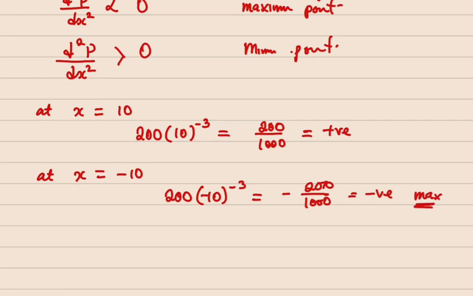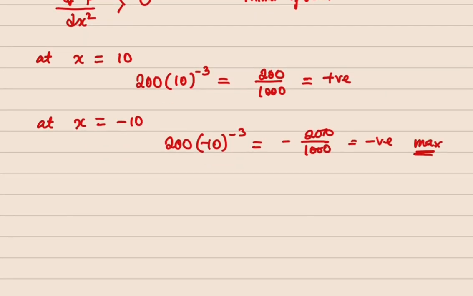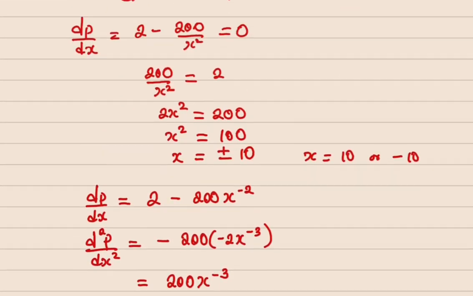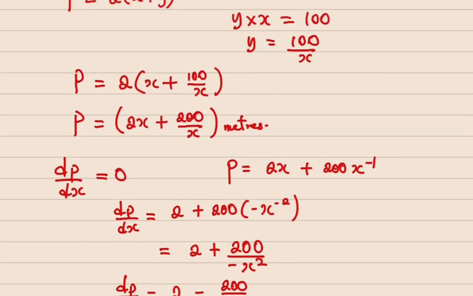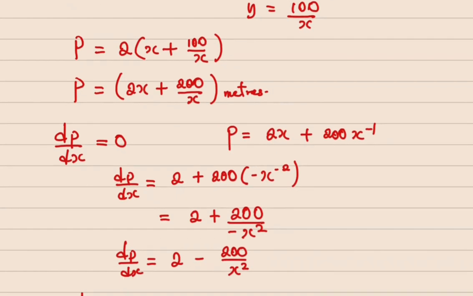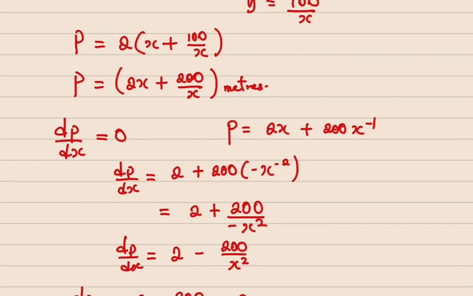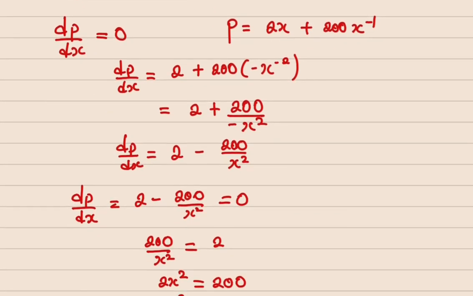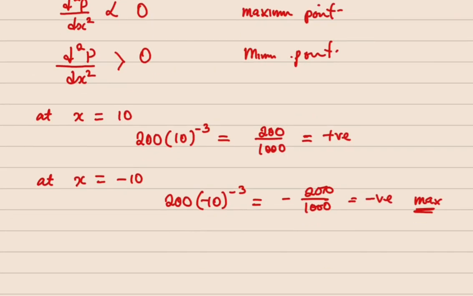Since our maximum point is at x equal to minus 10, we have to go back to find our minimum value, which is P equal to 2x plus 200 x raised to the power minus 1.